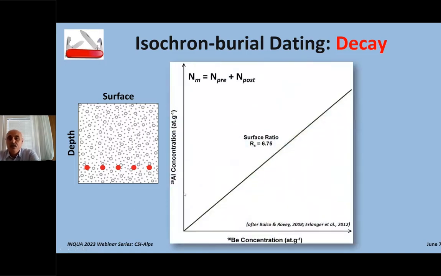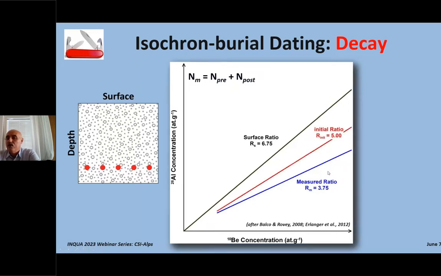Using this, you can measure and plot your aluminum versus beryllium ratio, then regress a line through your data and calculate a measured ratio. After you model the post-burial production, you can calculate an initial ratio, the ratio at the time of deposition, and using this you can calculate an age.